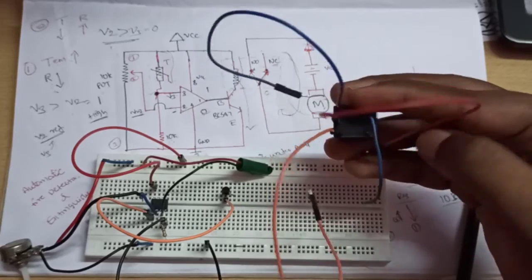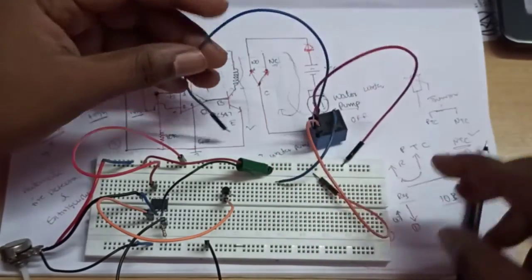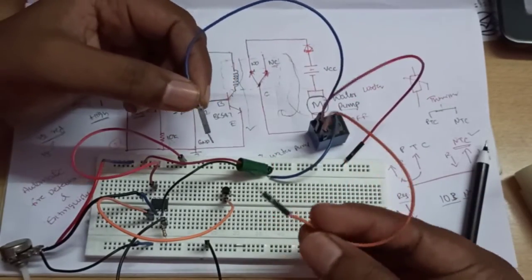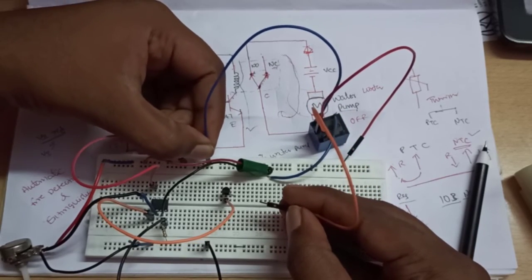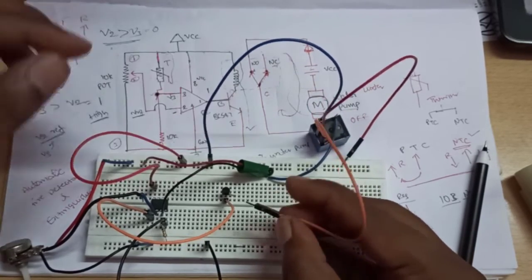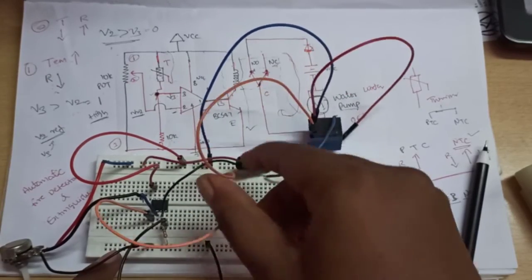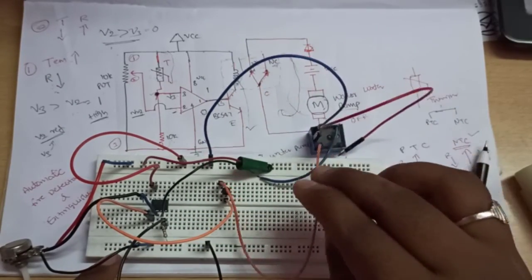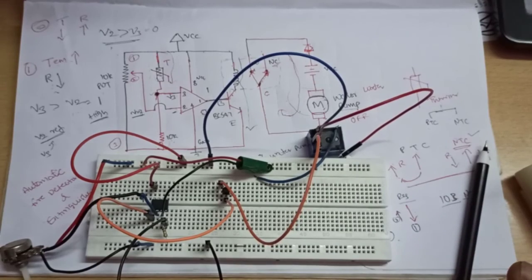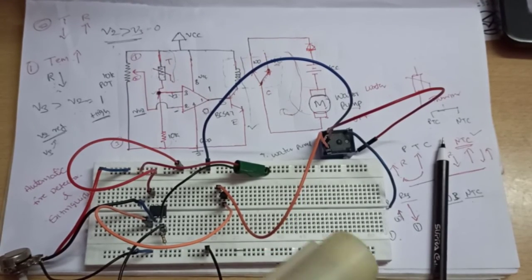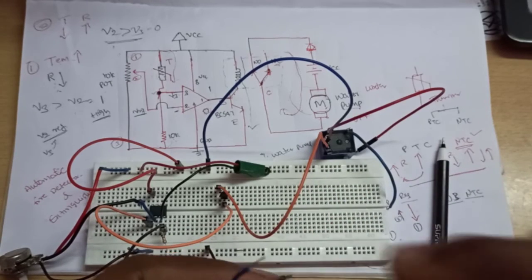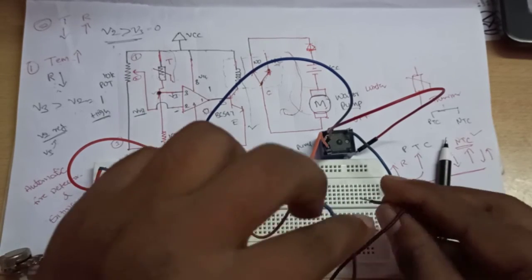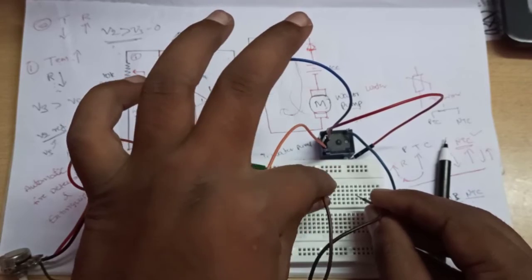Next one, relay coil. These two terminals are the relay coil terminals. First one is VCC and the other is the collector terminal. Next, the water pump, and for the water pump I am giving connections.